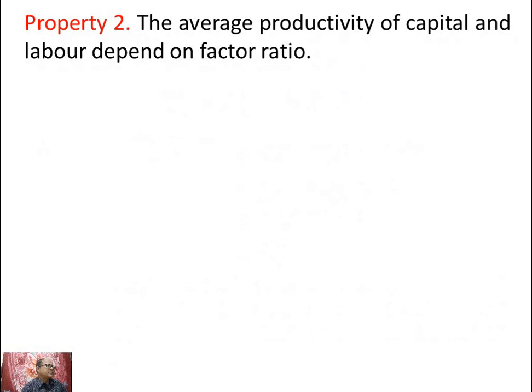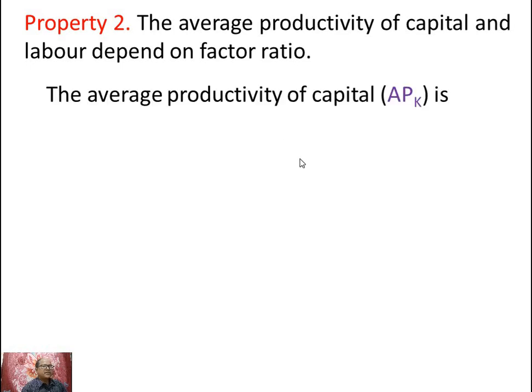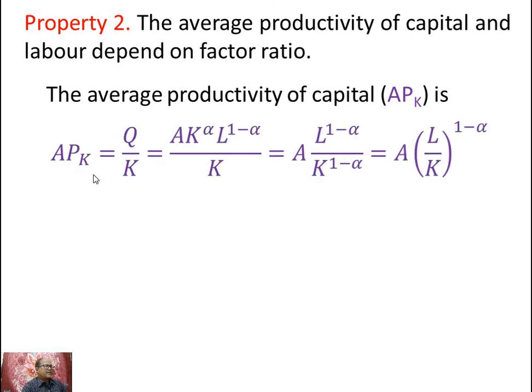Property 2. The average productivity of capital and labor depends on factor ratio. The average productivity of capital APK is defined by APK = Q/K, that is A K^α L^(1−α) divided by K, so we get A (L/K)^(1−α).